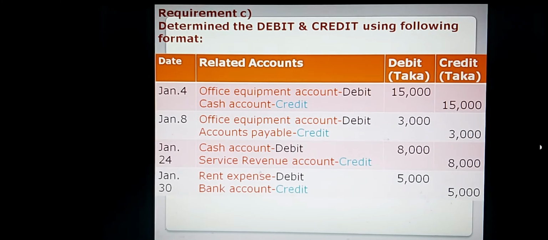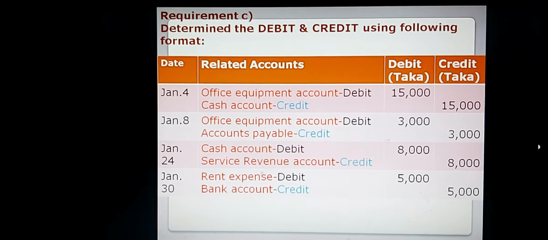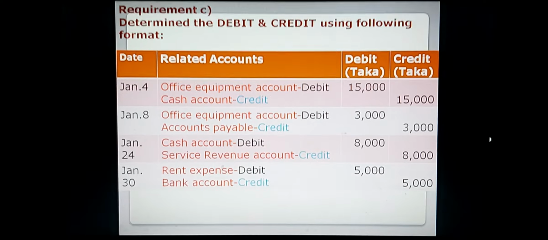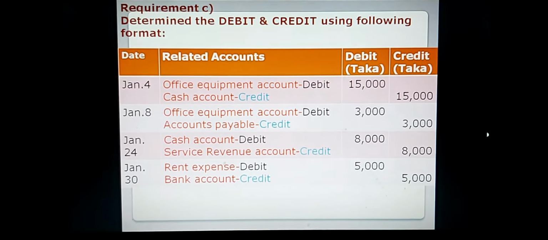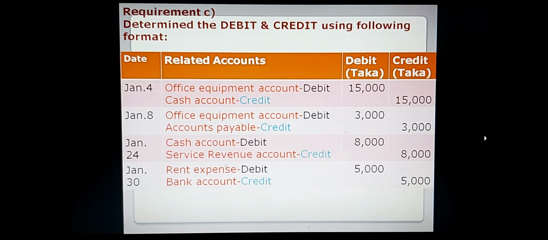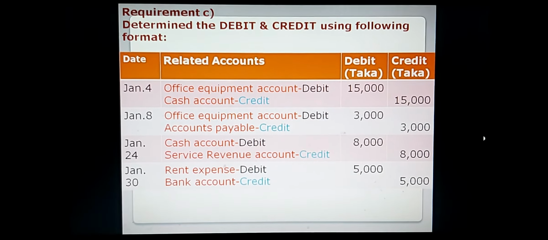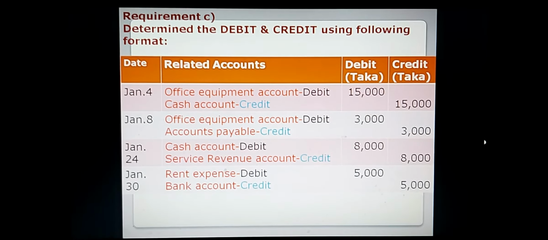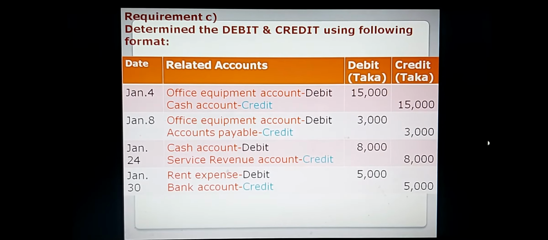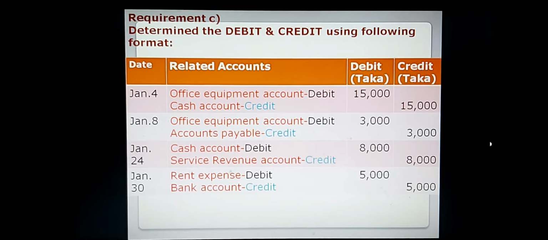The next one, January 8, pen purchased on credit. Pen is one kind of electronic or electrical item. You have already understood that when an electric or electronic item is purchased, it is office equipment account. When purchased, this item is in the business, so asset has come, asset increased, then office equipment account is debit.